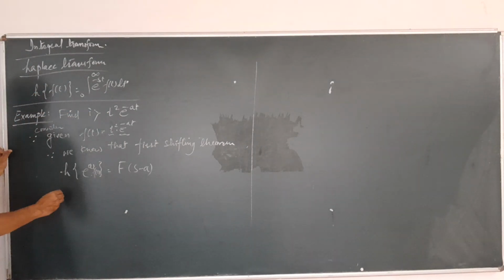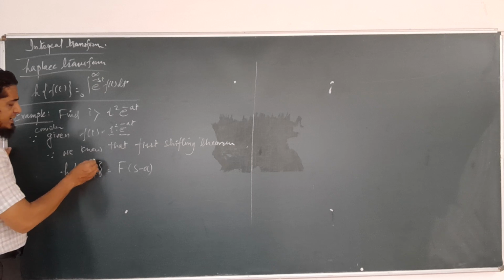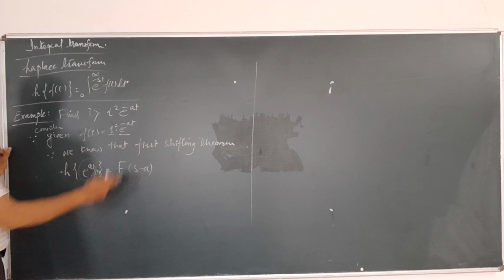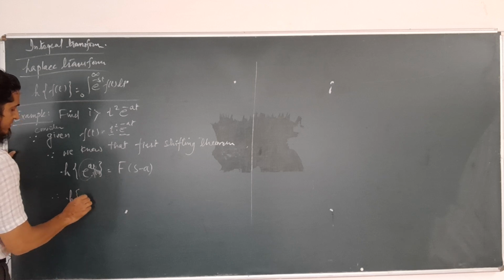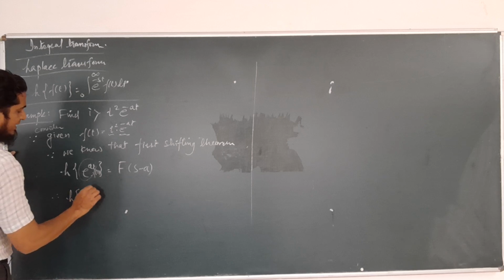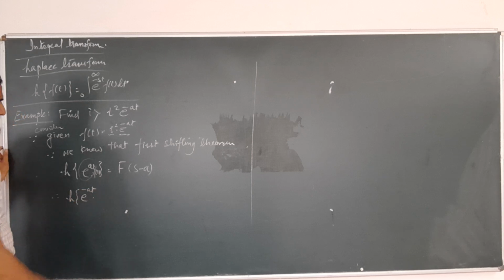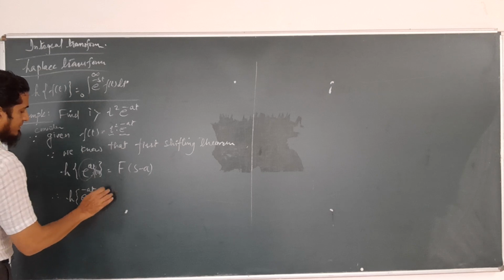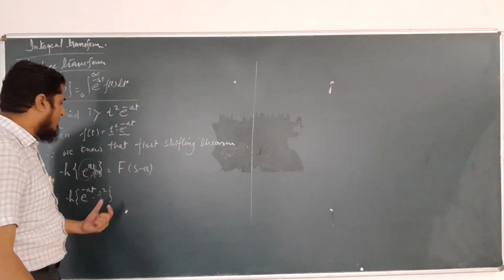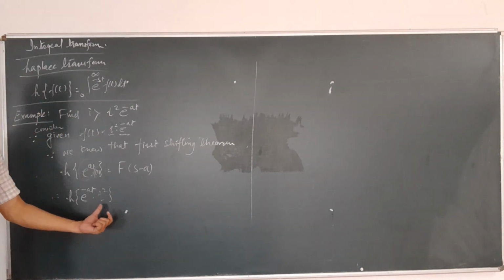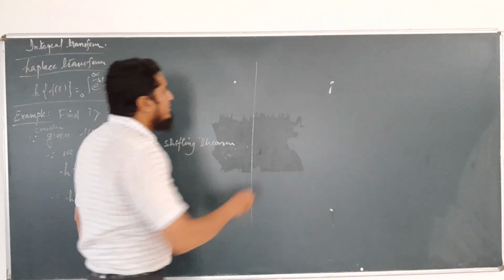Let's see. If we take e raised to minus at here, then f of t becomes t square. So first of all, we have to calculate the Laplace transform of t square.